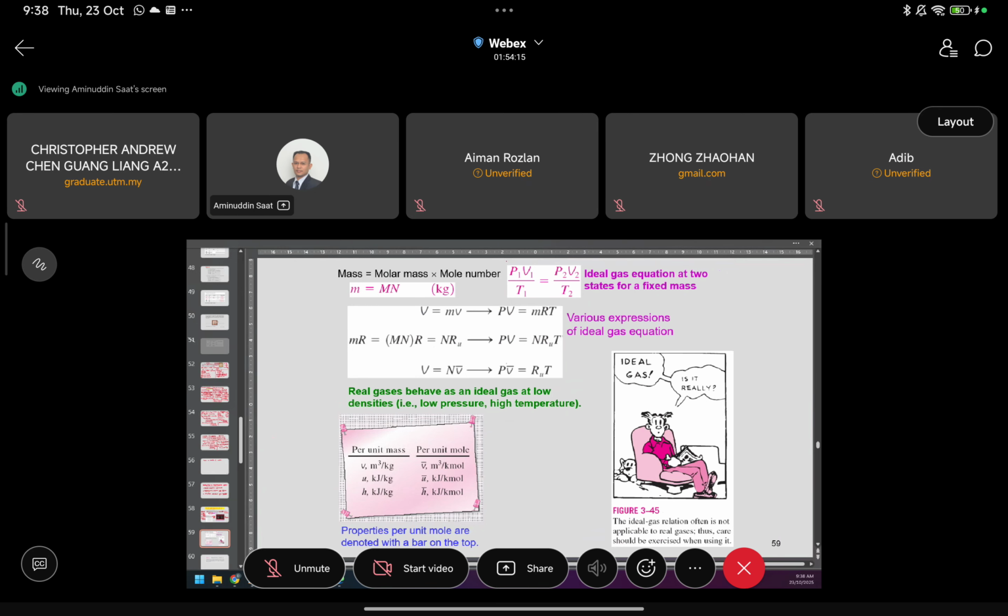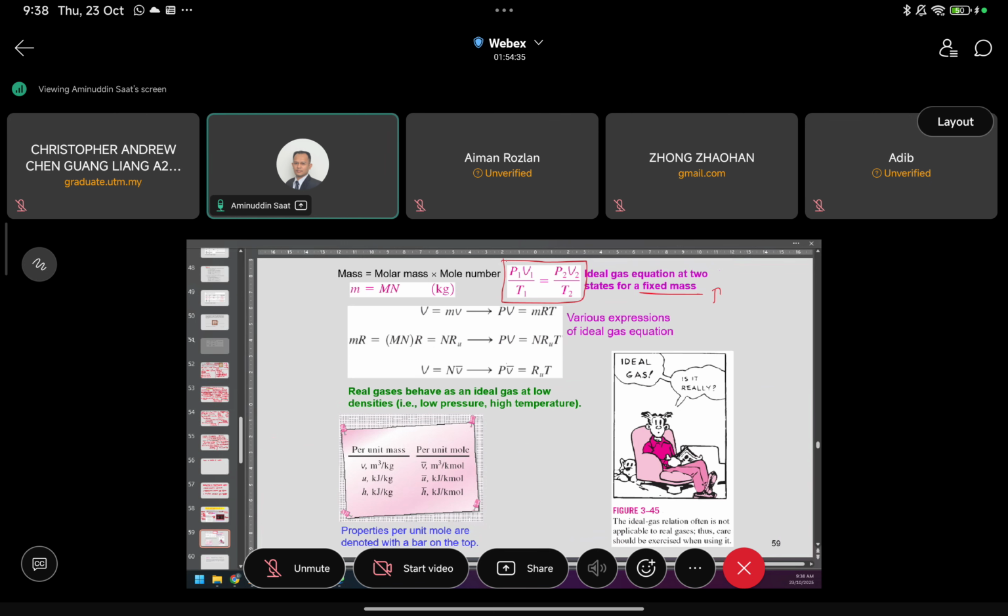If you are comparing between two states with a fixed mass, you can use this equation. How does the equation come about?